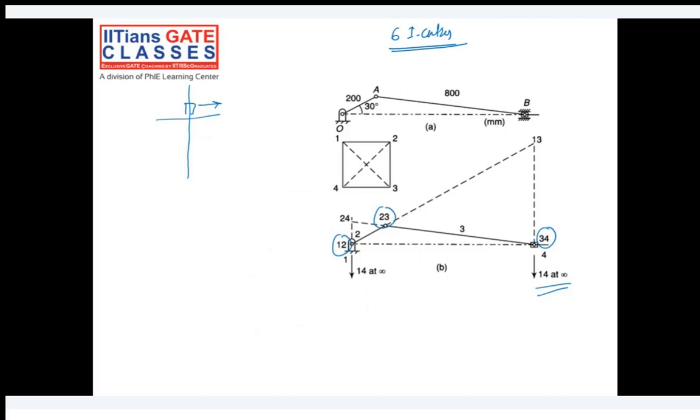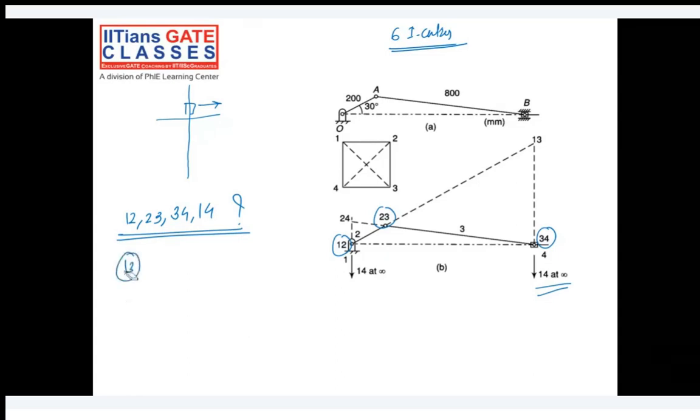So have you understood these I centers 1 2, 2 3, 3 4 and 1 4? Then which ones are remaining? The remaining ones are 1 3 and 2 4. Same approach you will follow here.